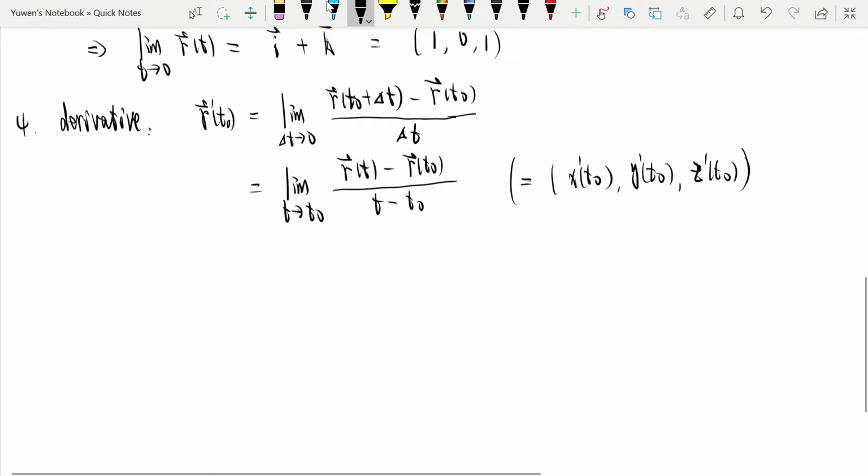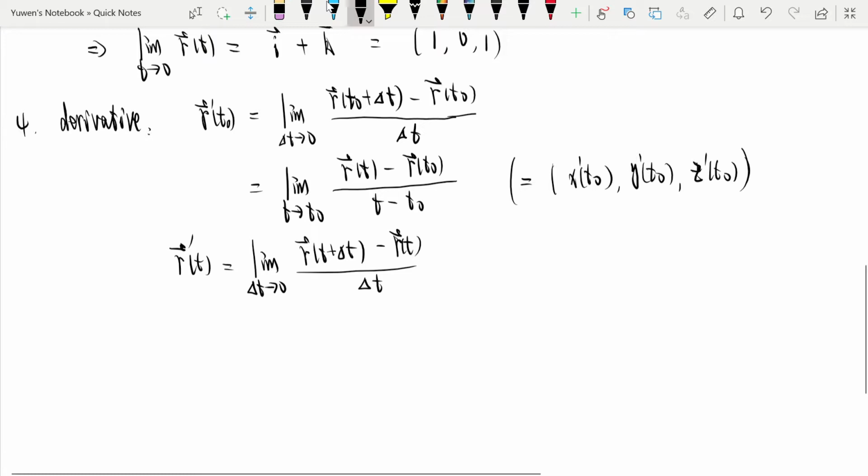And for any t, the derivative is the limit as delta t tends to 0 of r(t plus delta t) minus r(t) over delta t.